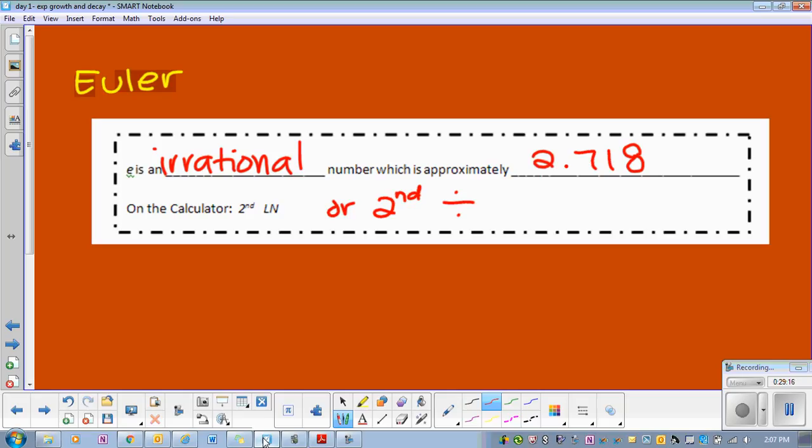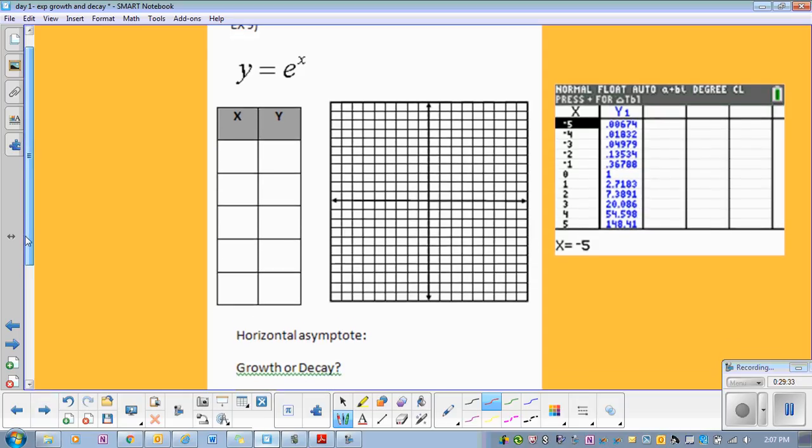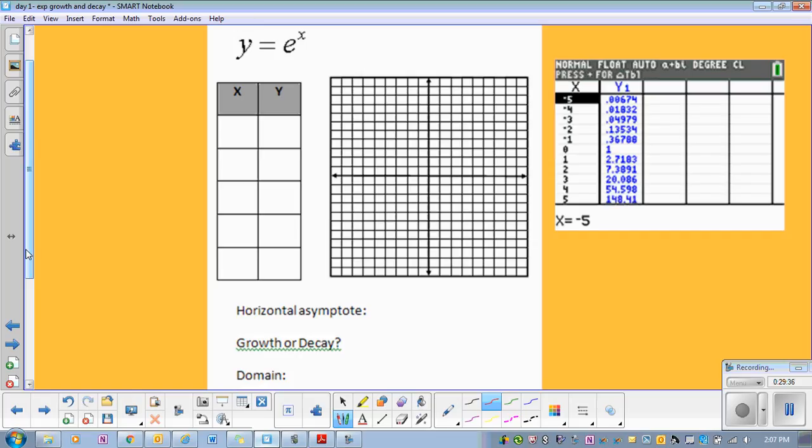All right, so let's try graphing E. The thing is, guys, E follows the same rules as the other exponential functions, okay? So when I look at y equals e to the x power, what is my horizontal asymptote? Zero. There is no k written, so it's like plus 0. So it's the same thing, y equals 0.